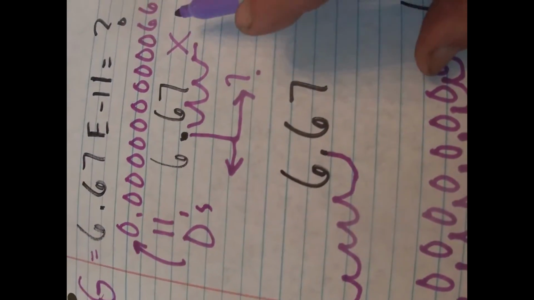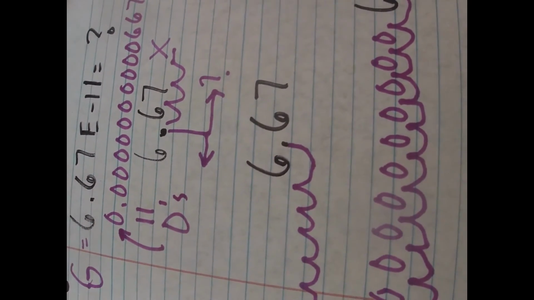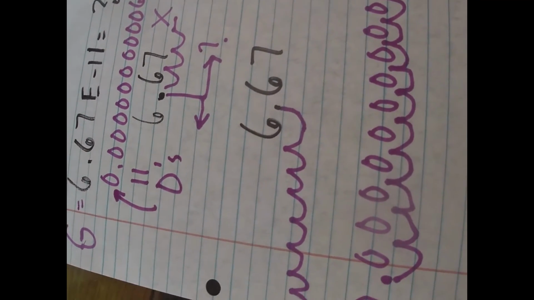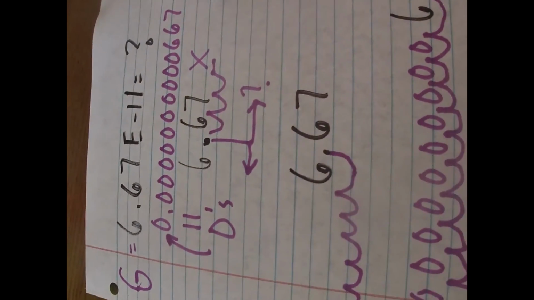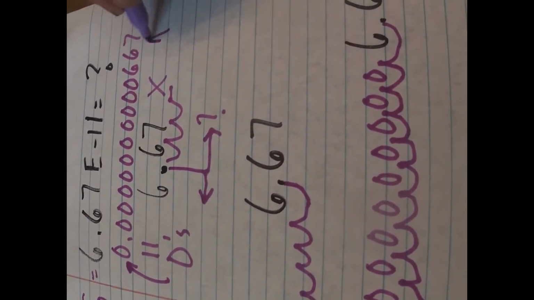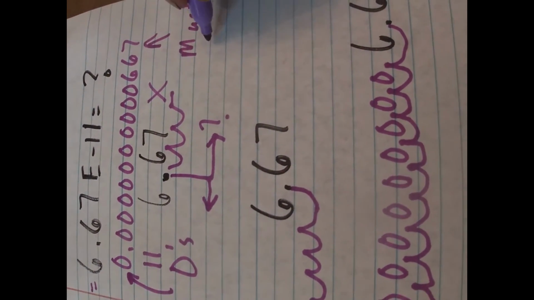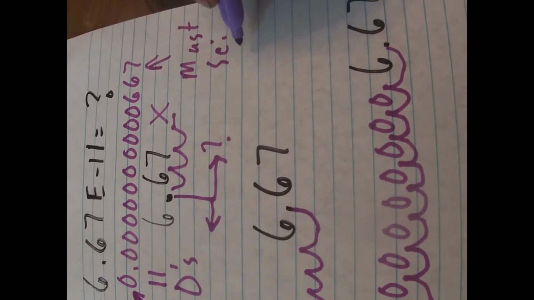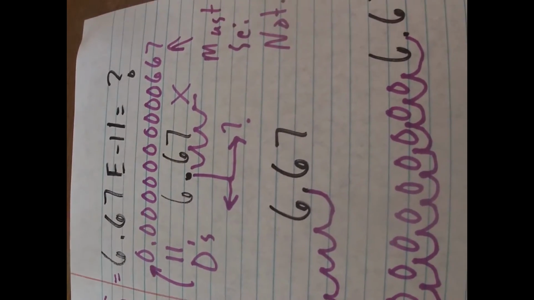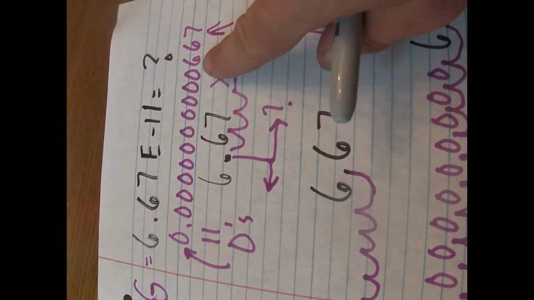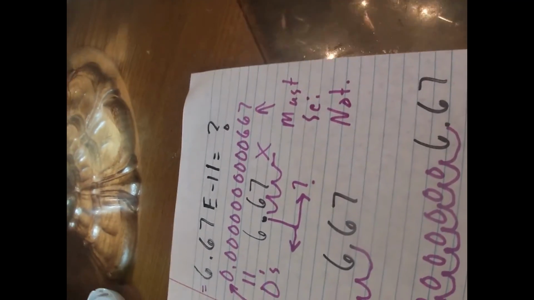Then there will be 11 zeros. All right, so that's how you convert. One word of warning here is you cannot put this number into your calculator. You must use scientific notation in order to input that number into a calculator because it's so small. Your calculator only has 10 decimals, not 11. All right, so that's a good point here.